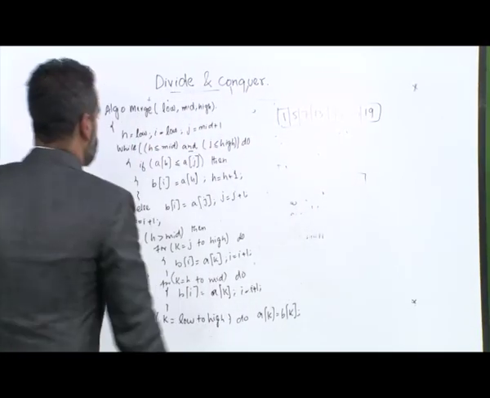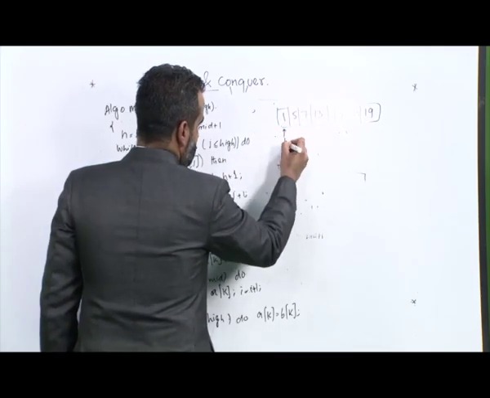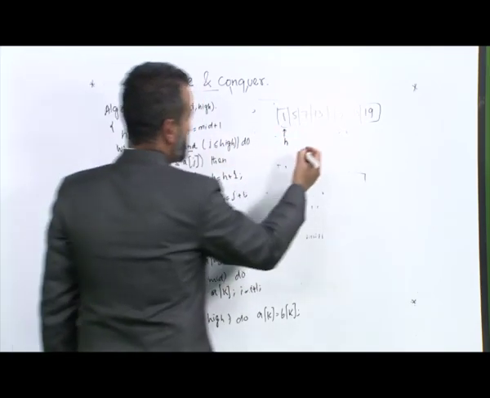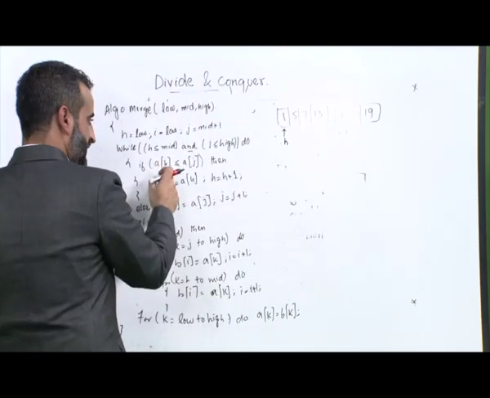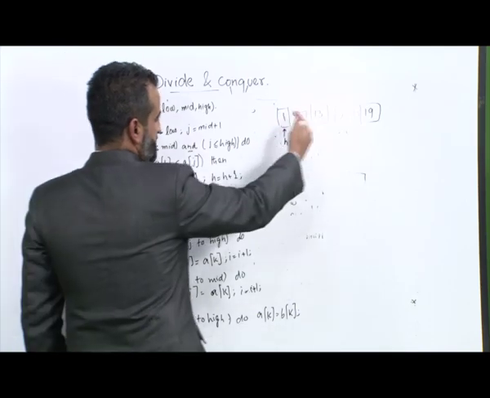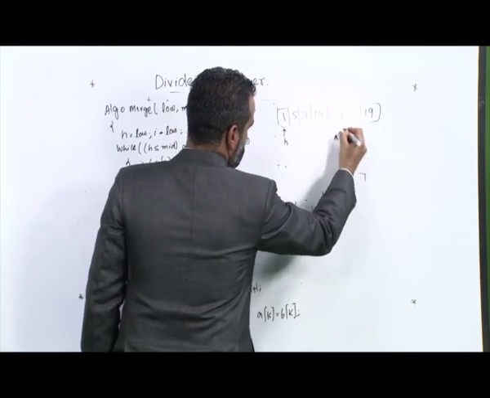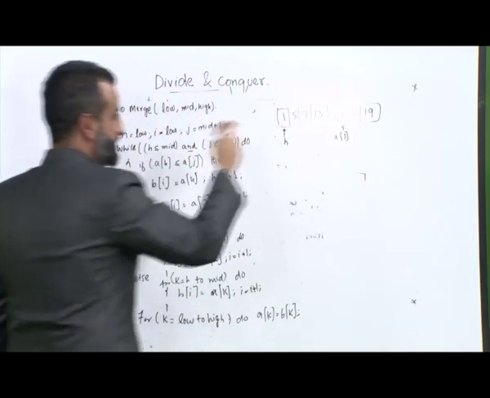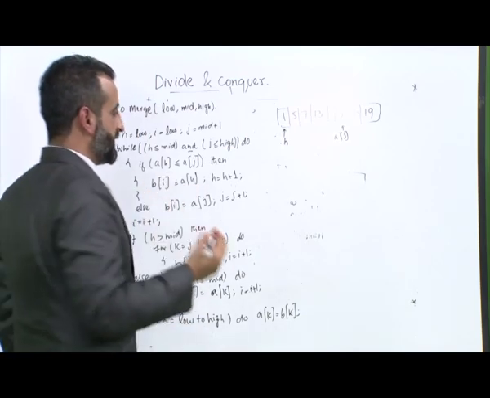Okay, now h is pointing towards my first element here and my j is pointing towards mid plus 1. So what I am trying to do over here is: if A of h is less than or equal to A of j, and this condition is true, which it is, then I will create an auxiliary global array, a B array.